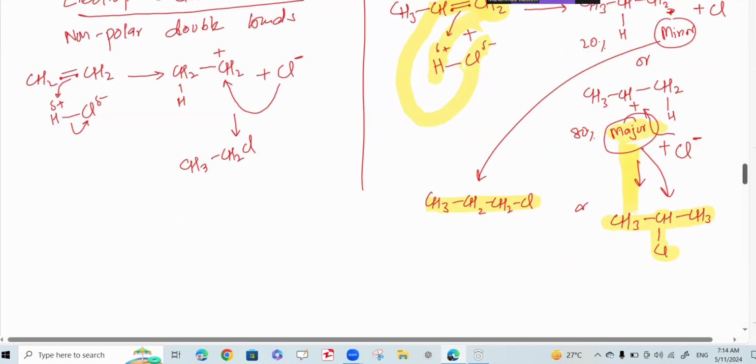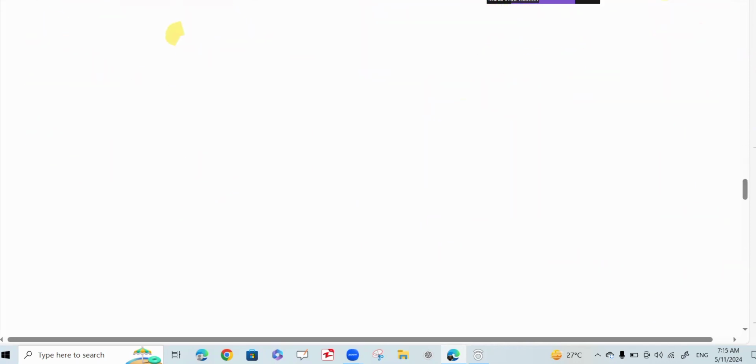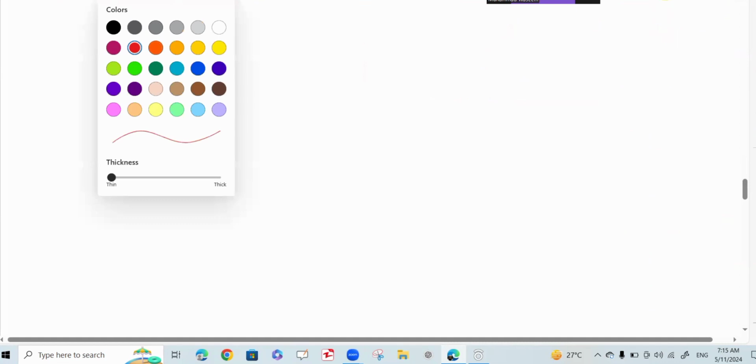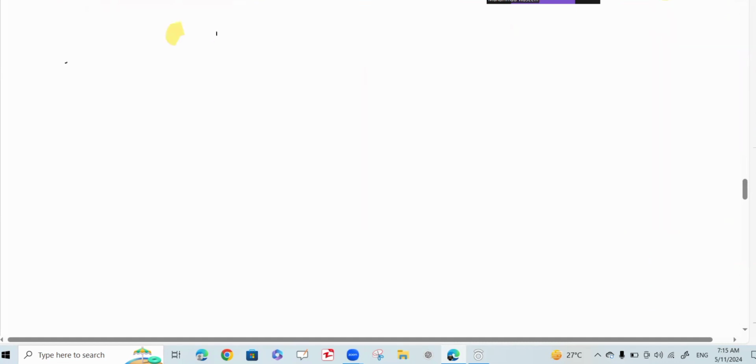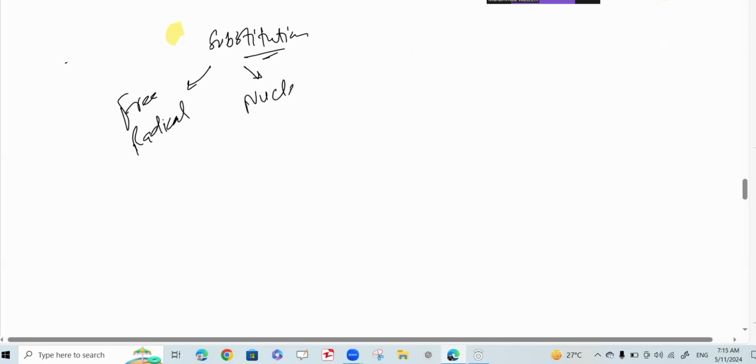Is it clear? So let me summarize that once. In substitution reactions, there are two types. One is called free radical and second is called nucleophilic substitution.